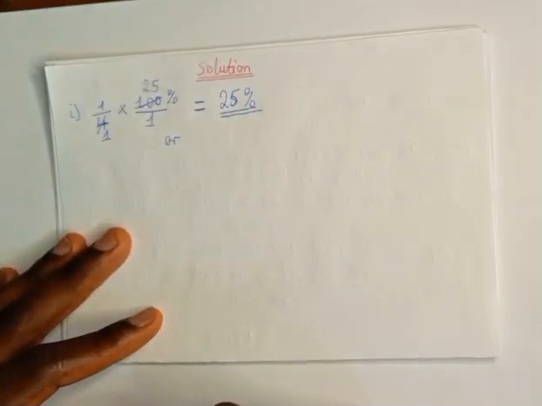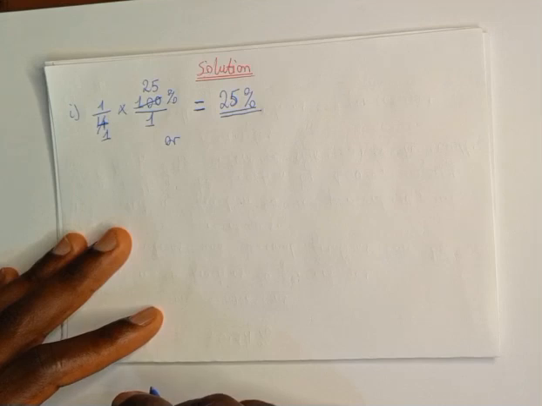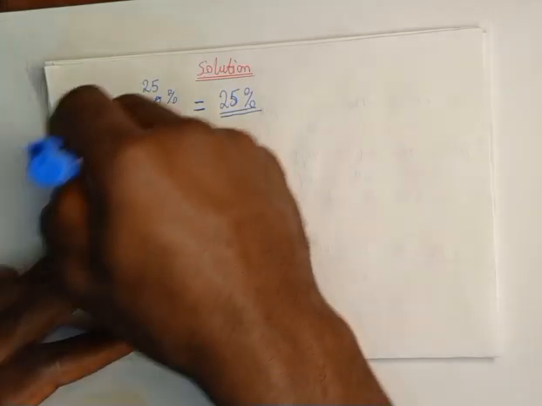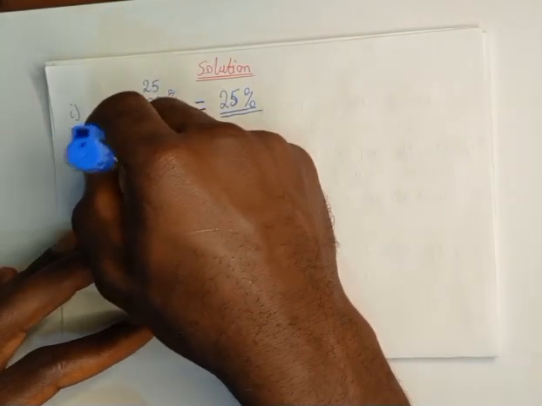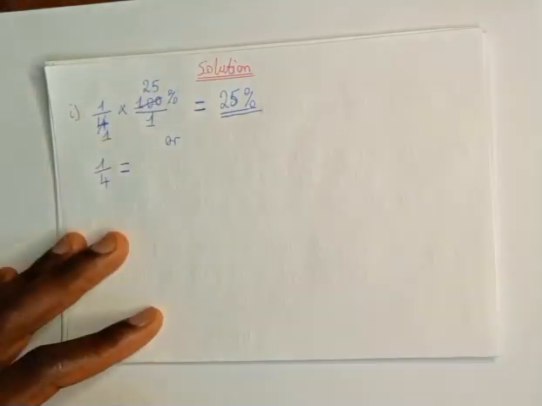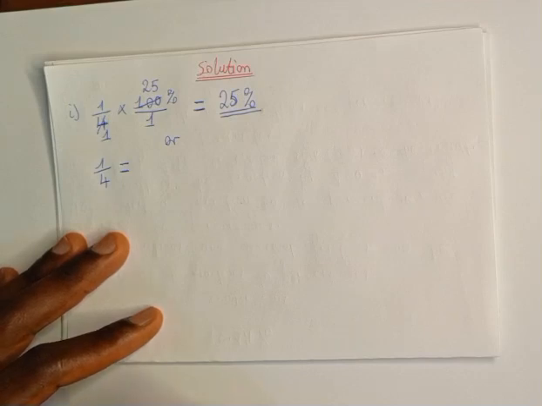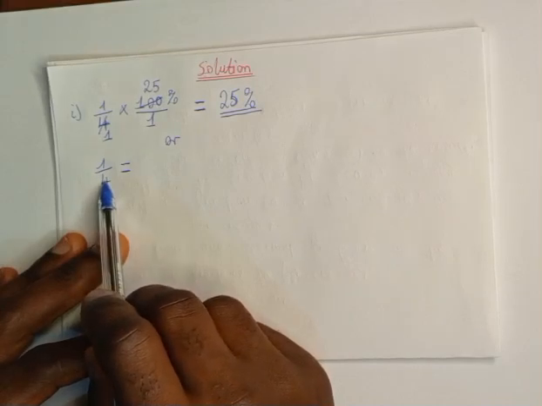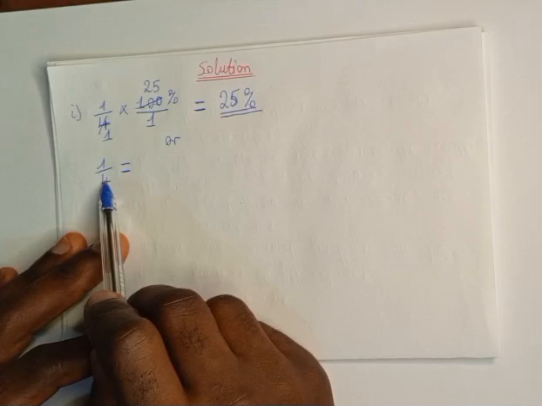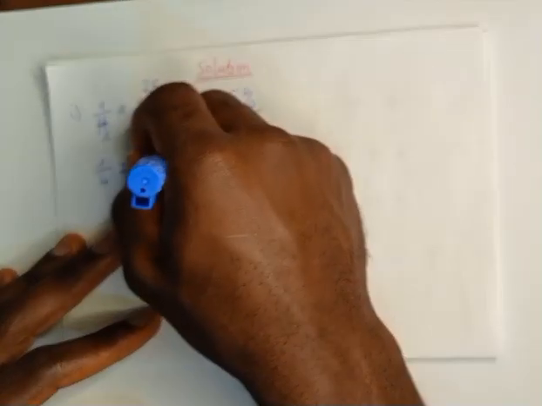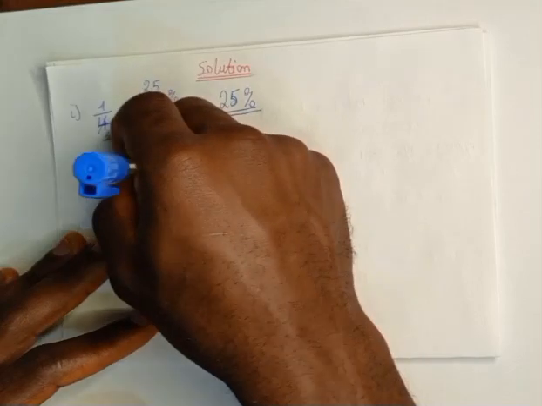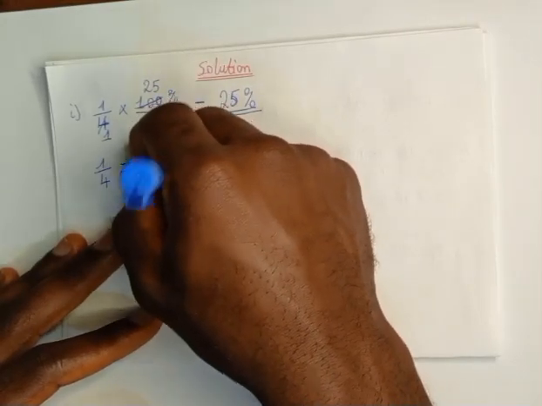Or another way of expressing 1/4 as a percentage is by simply expressing the fraction 1/4 as an equivalent fraction with denominator 100. We are going to start by looking for a number such that when we multiply 4 by that number, it gives us 100. 4 times 25 gives 100. We are going to multiply both the numerator and the denominator by 25.